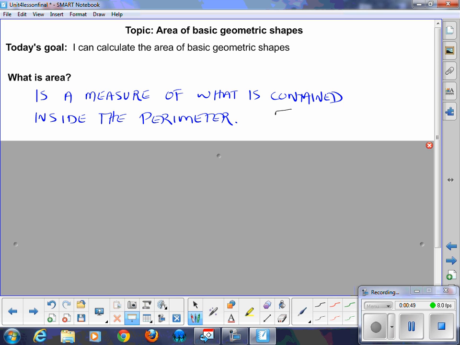So for any shape, if that is the perimeter, area will be that which is inside said perimeter. All right, so we've got the perimeter, and then we have area. Okay, so let's look at those shapes.